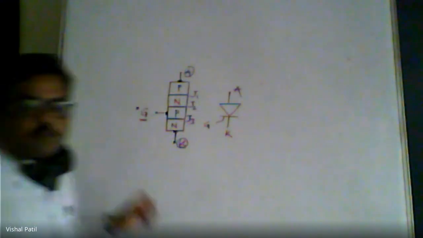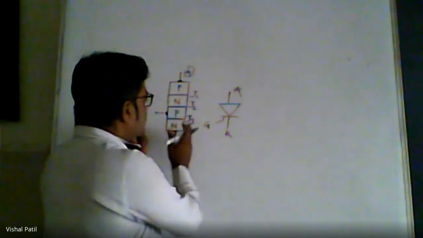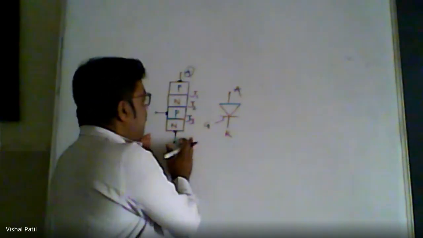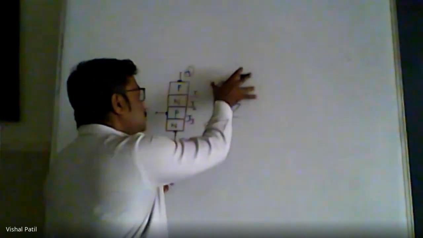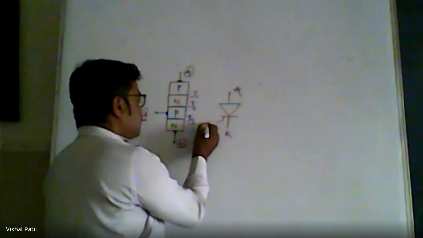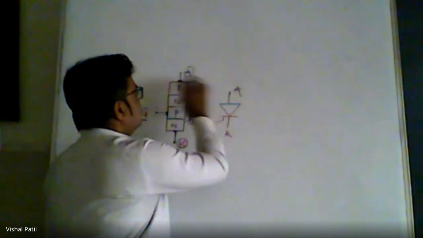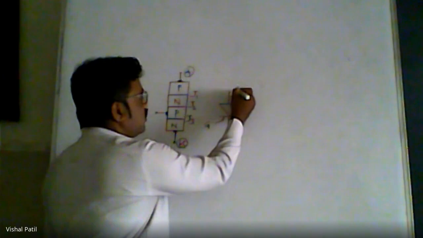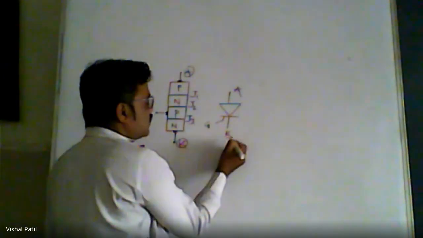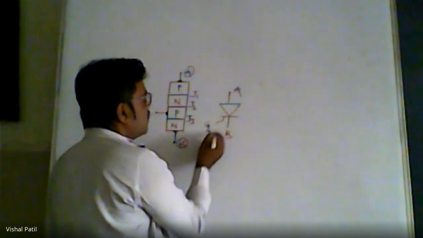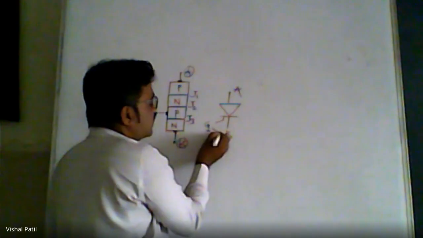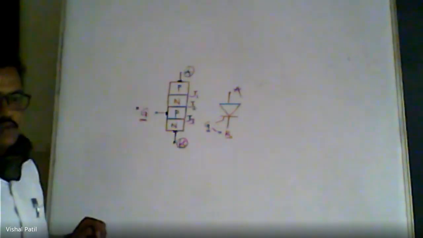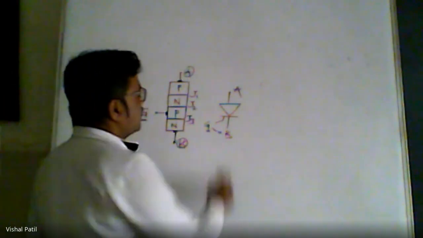Now based on this structure, parallelly I have drawn the symbol of the thyristor. It will have the anode, this will be the cathode, and this will be the gate. Now you can observe the gate is close to the cathode. So the symbol can be drawn like this.